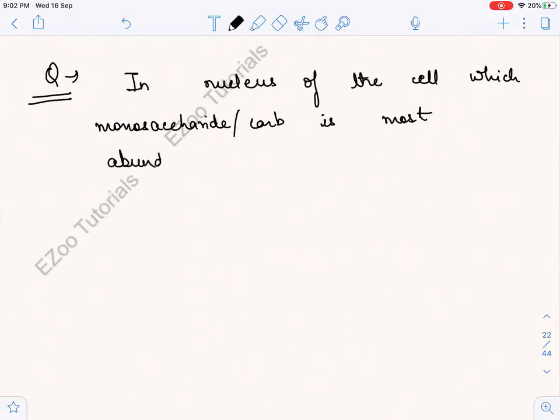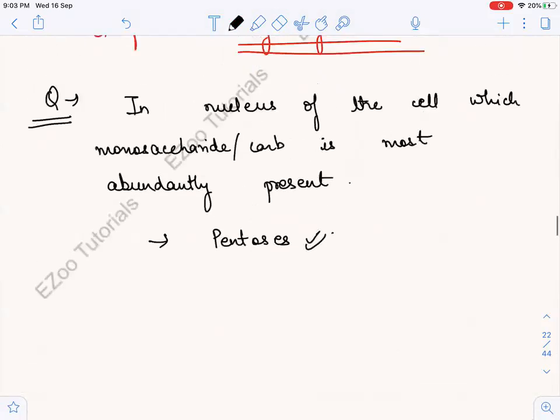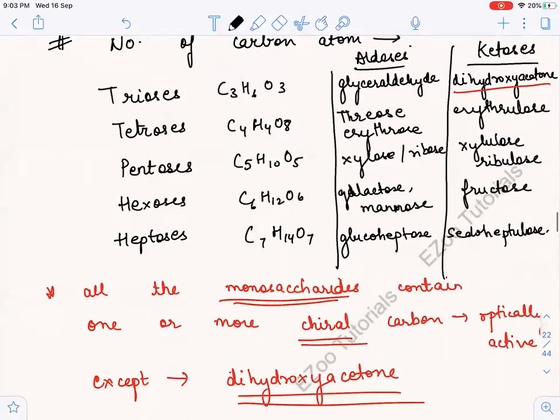Meaning which is the most? In the nucleus, what will be there? DNA, RNA, so which will be present? Pentoses, which are what? Ribose, deoxyribose, xylose, ribulose. So pentoses. Okay, that's why I had told you this. These examples, right? Ribose, xylulose, deoxyribose.